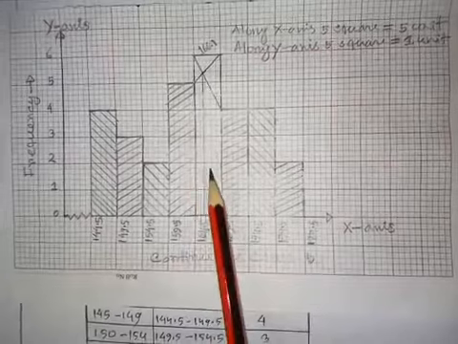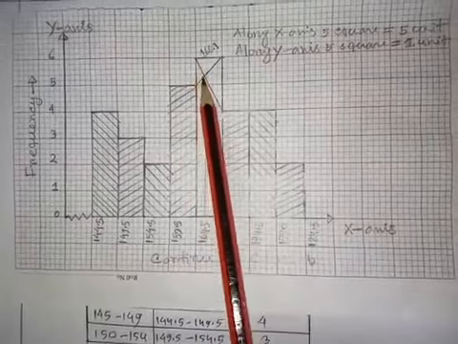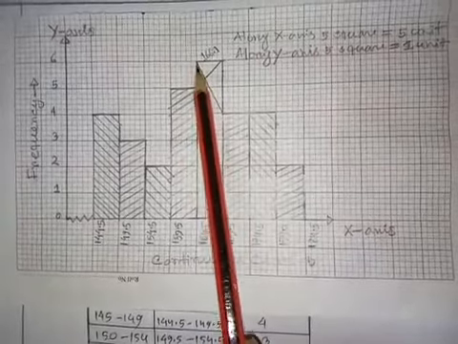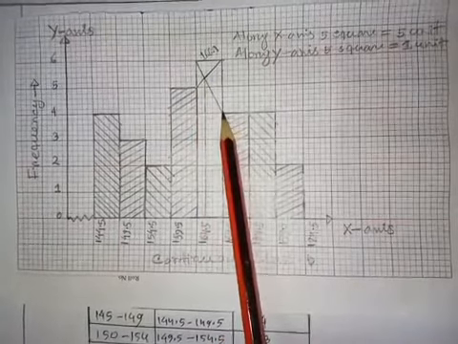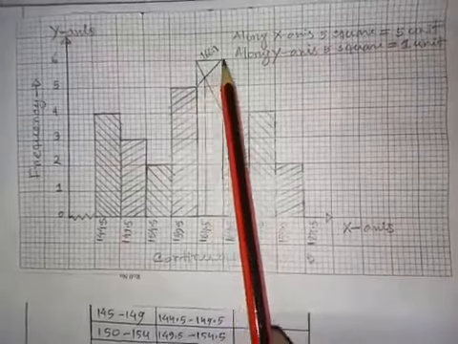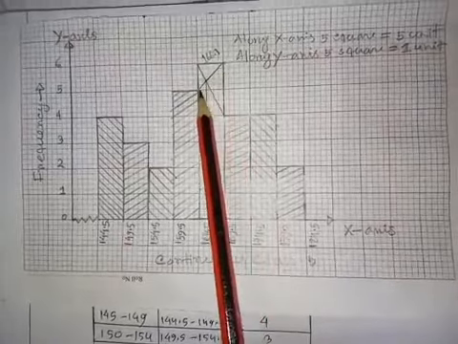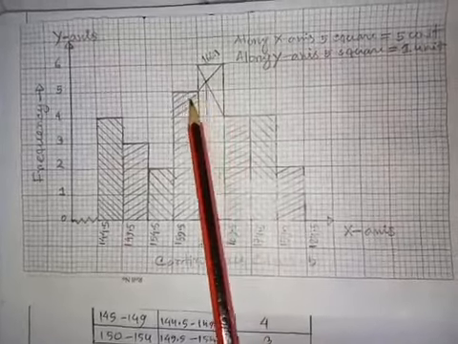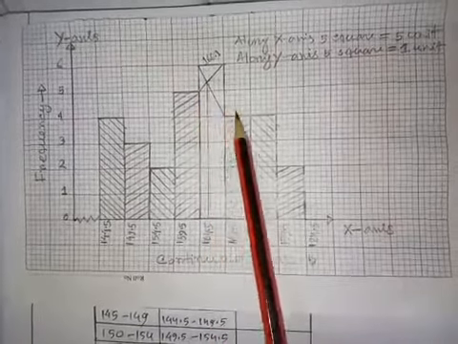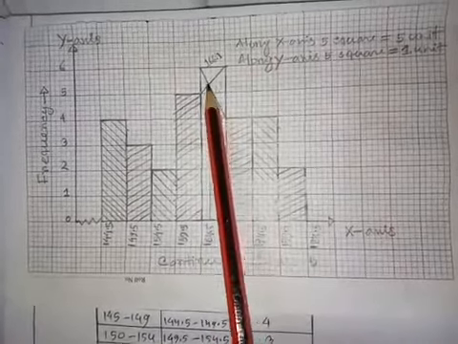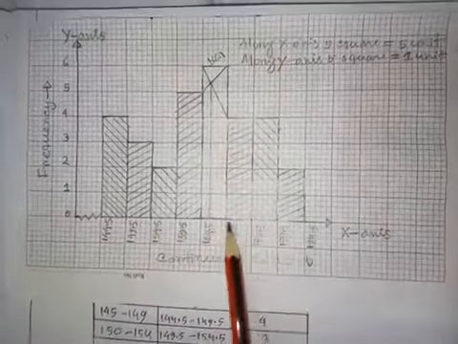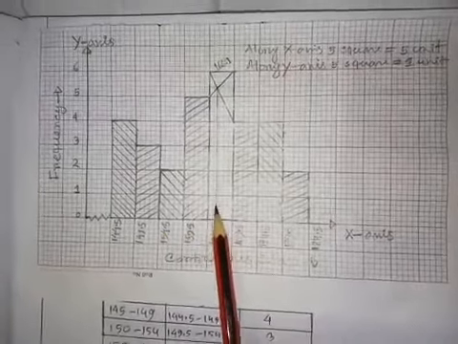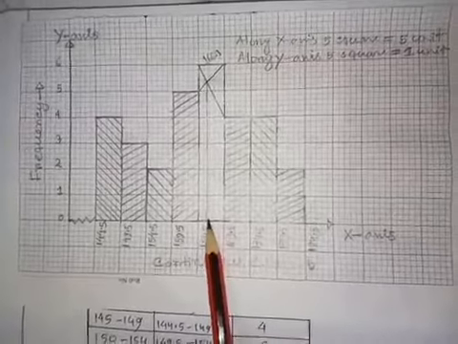To find the mode, we have to draw a line from the upper left corner to the next rectangle's corner, and then draw another line from the upper right corner to the previous rectangle's corner. Then from the intersecting point, draw a vertical line over the x-axis, and where this vertical line meets the x-axis, that point will be the mode.